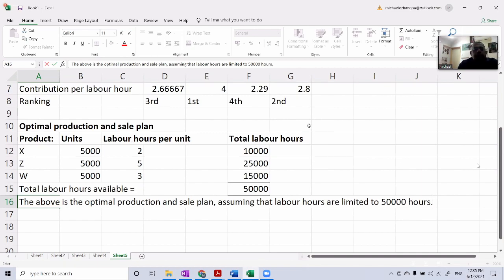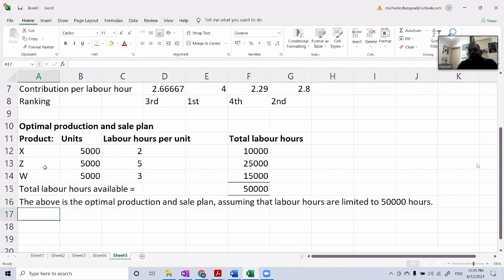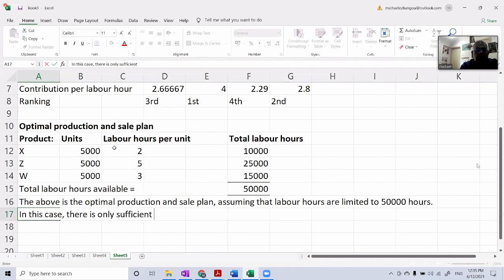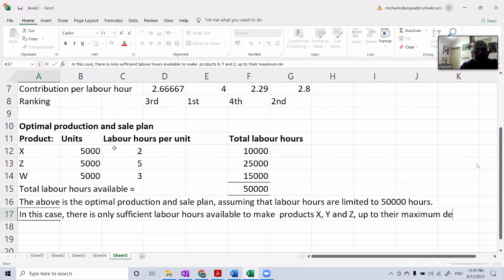In this case, there is only sufficient labor hours available to make products X, W, and Z up to their maximum demand.